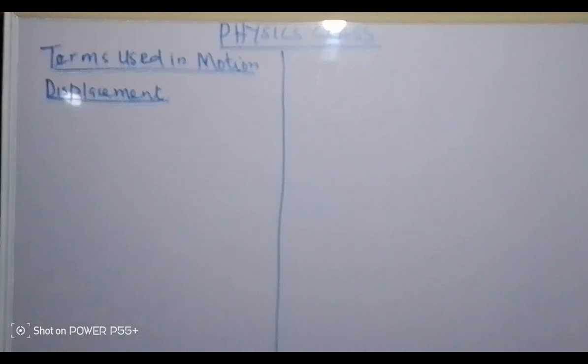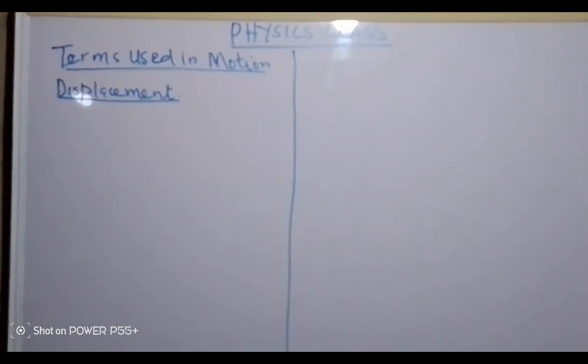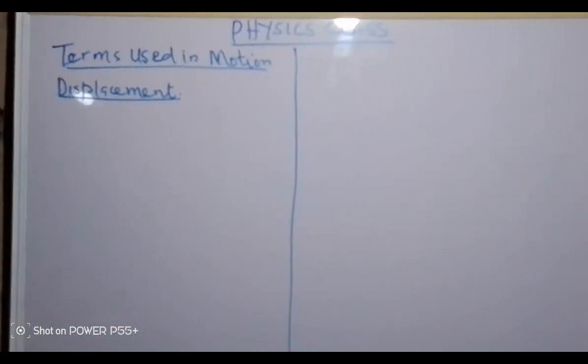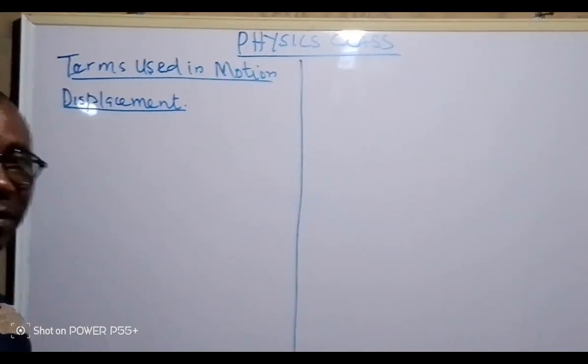Now, displacement simply means the measure of distance traveled in a specified direction.